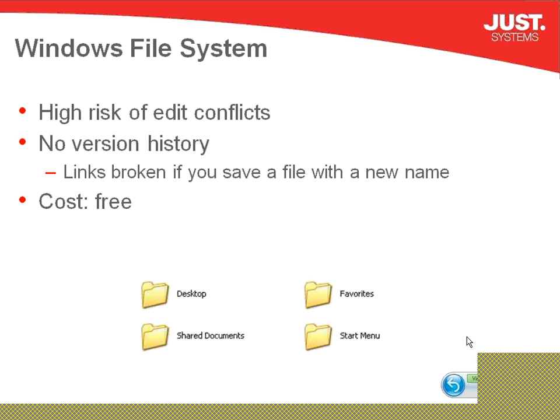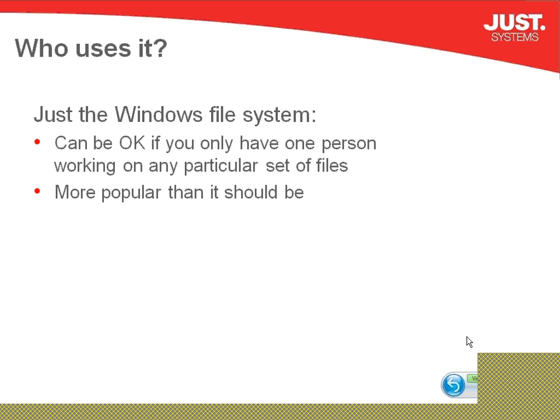So with a Windows file system, it's up to you to make backups, and often people will do a save as and name their file with a new name so that they've got yesterday's copy plus today's copy. But that's not very compatible with XML linking. Okay, so the Windows file system is our baseline to look at what the issues are.